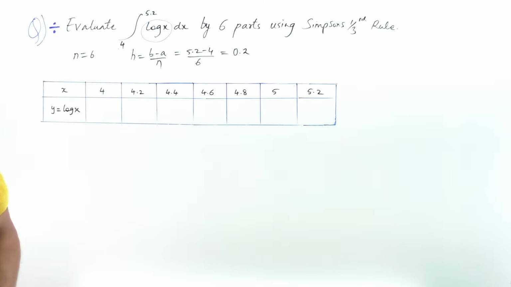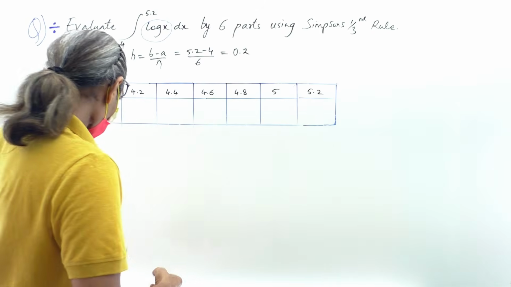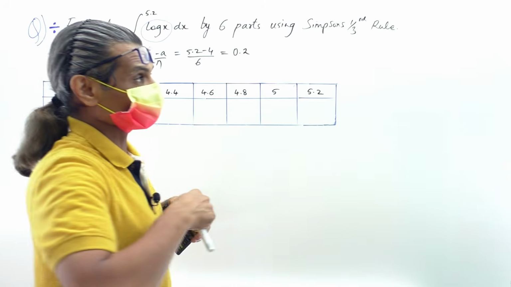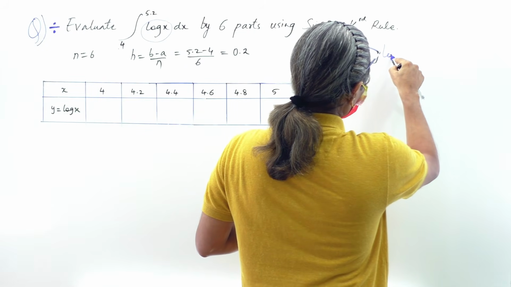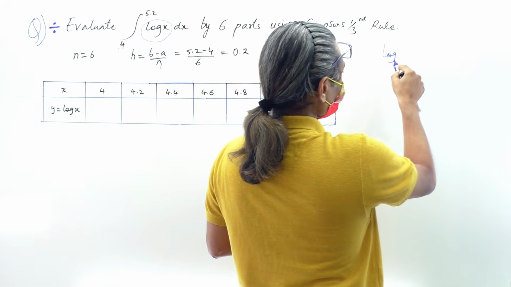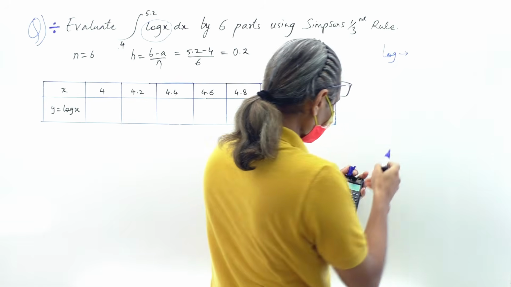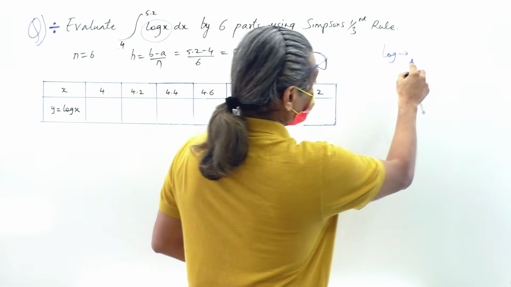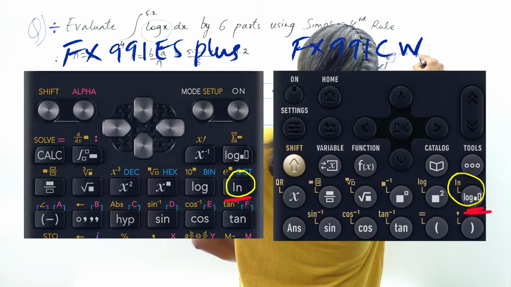Be careful here, a very important thing one more time. Whenever they give log x, it's always to the base e. In the calculator, you have to press the ln button always, because it's natural log.